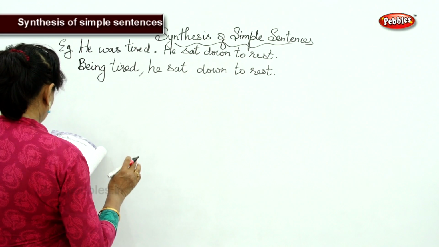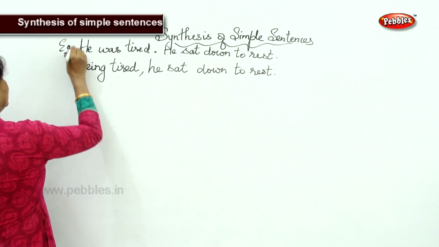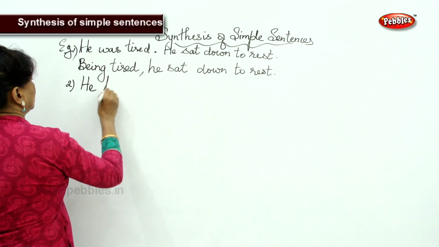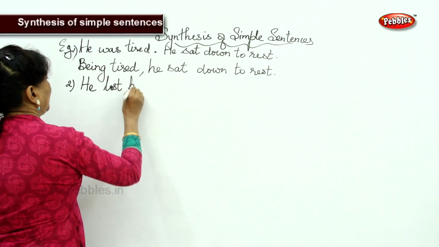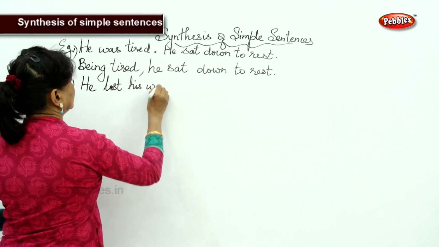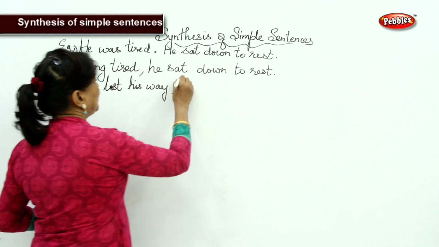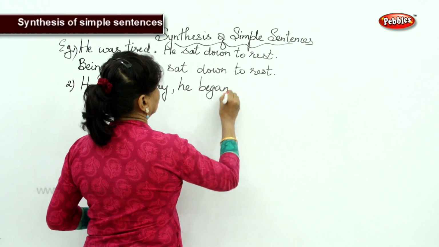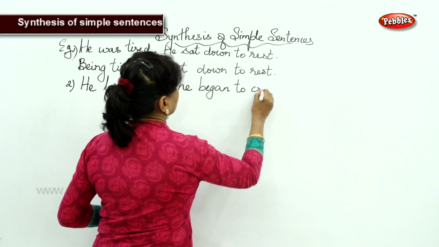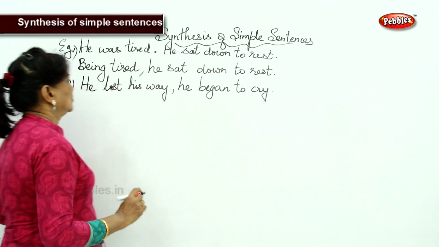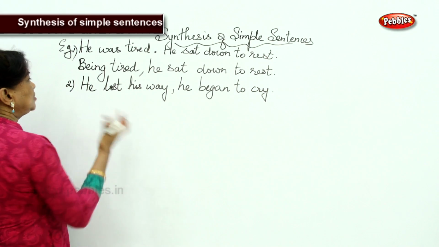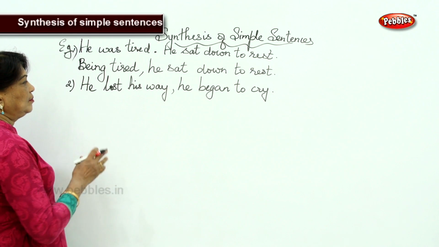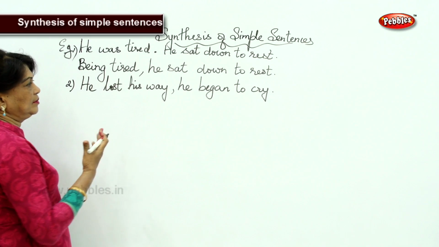He lost his way, he began to cry. Now we won't say "losing his way, he began to cry", because here he lost his way.